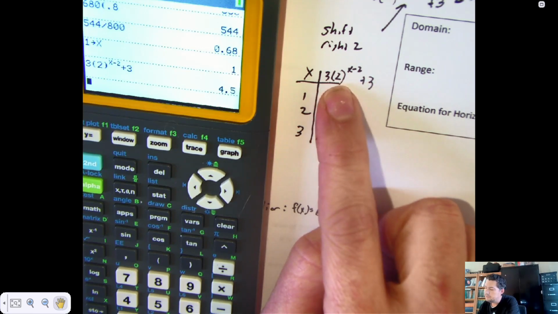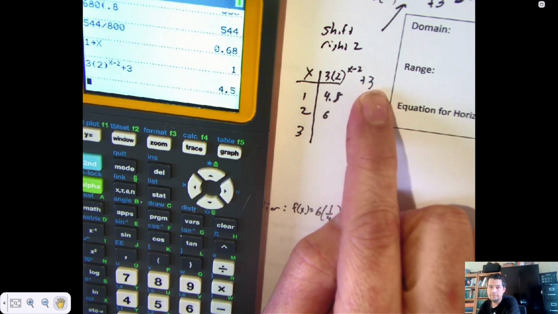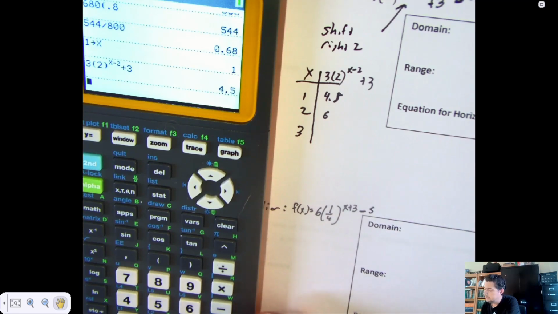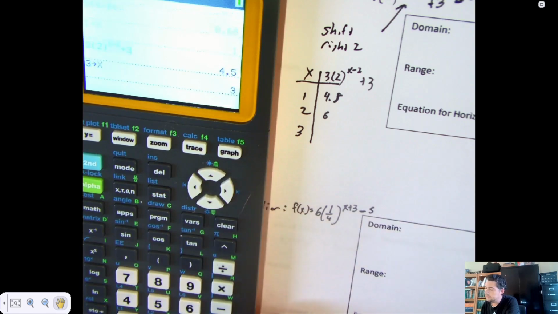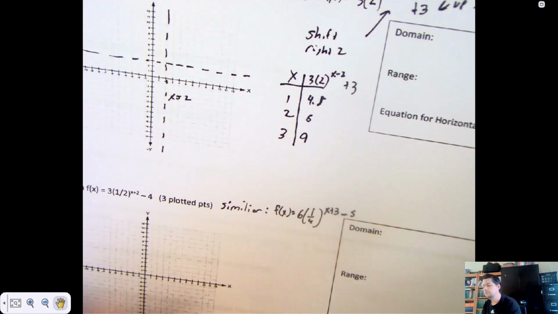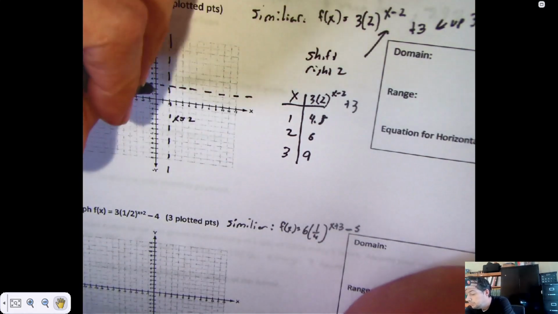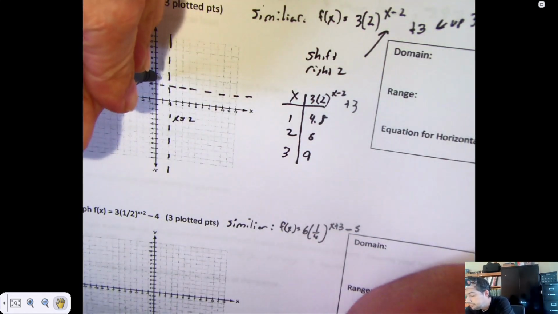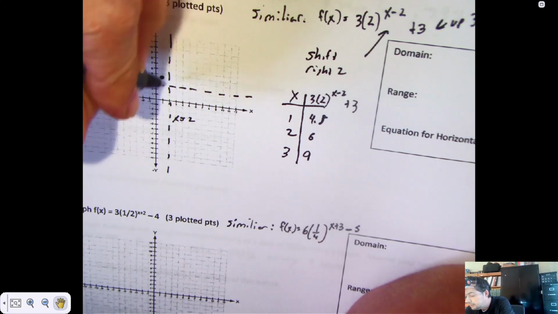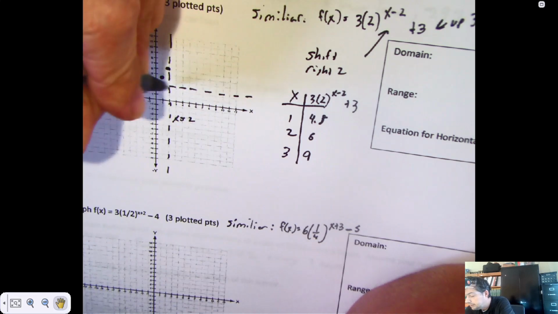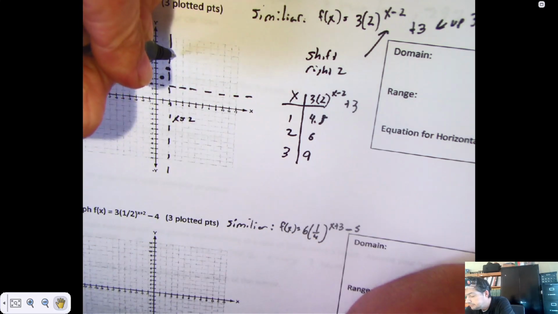That'd be 3 times 2 is 6, add 9, because this is going to be to the first power now, but, you know, if you don't believe me, take a 3, store it to x, enter, enter. It's a 9. I told you it would be a 9. It was. So, my point is 1, 4.5, about right there. 2, 6, right there, and then 3, 9.